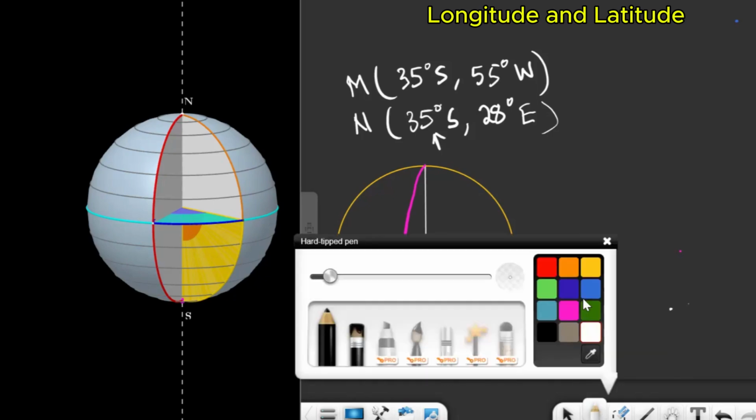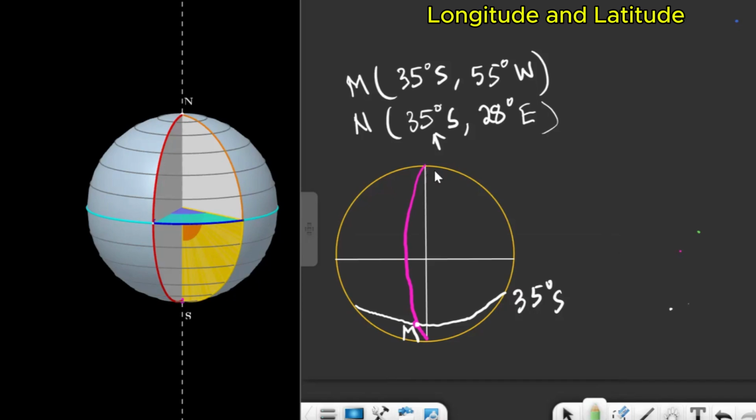So let's use another color to get the longitude, just to make it look a bit nice. Look at this intersection here. This intersection will give us N.